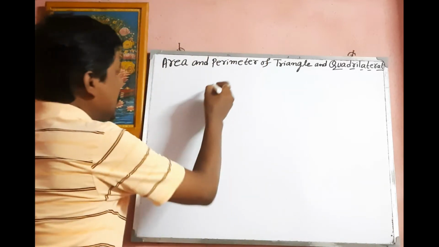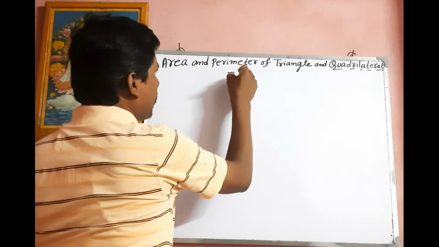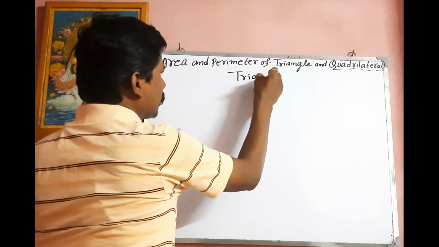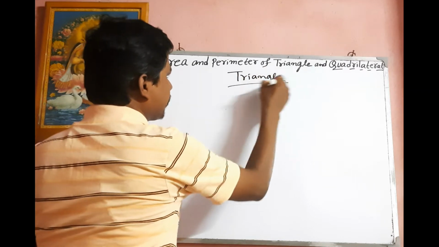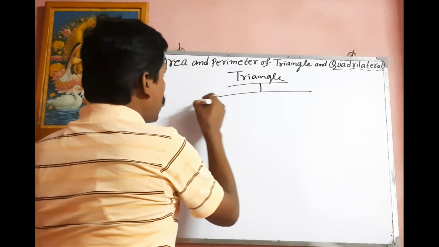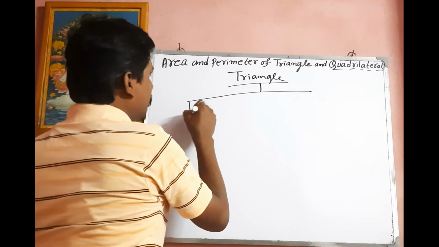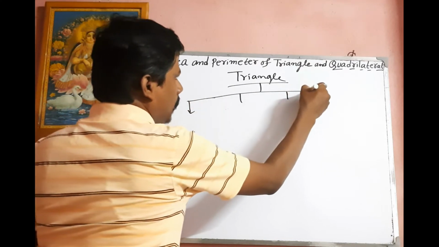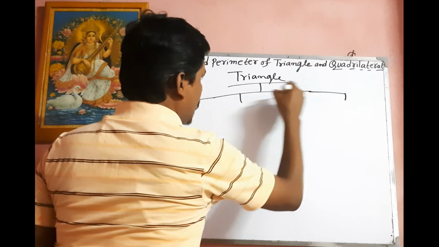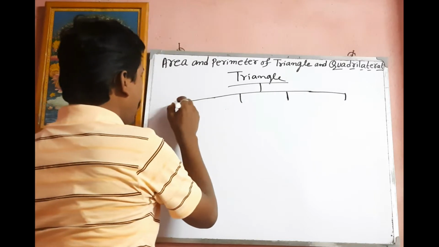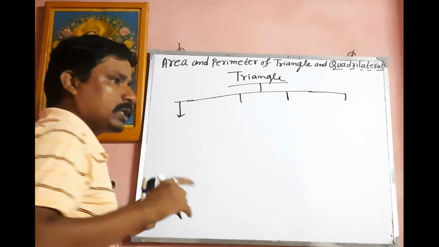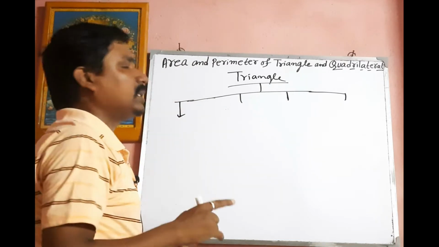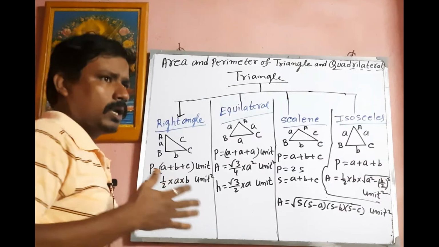Now, at first we are discussing the triangles. There are four types of triangles, and one by one we are discussing their area and their perimeter.